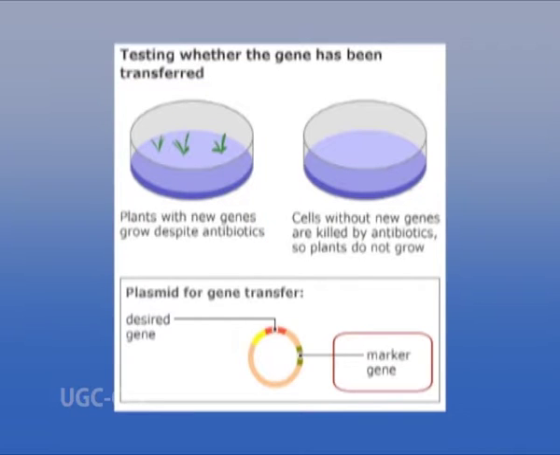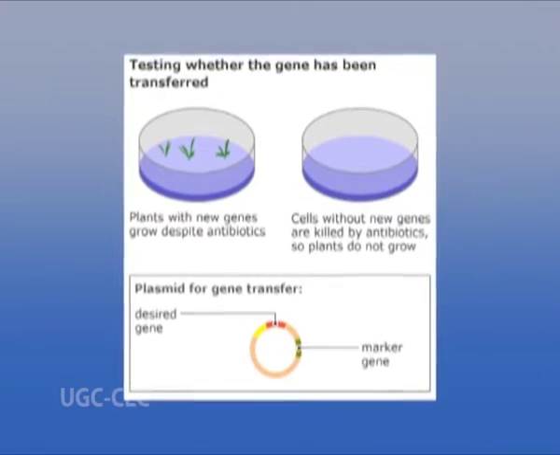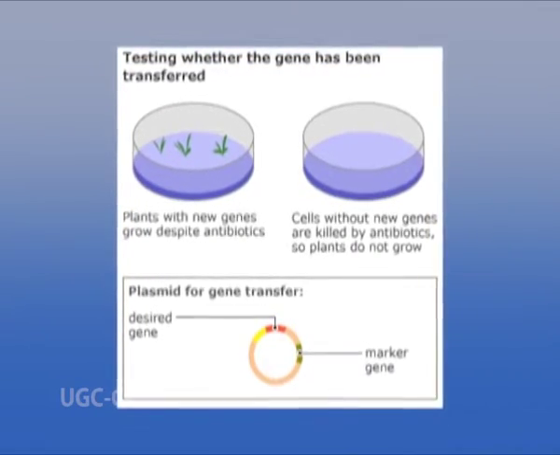Such agents are called selection marker genes, which are introduced along with the gene of interest into the plant cells for effective screening. The marker genes are dominant and usually of bacterial origin. For example, the genes coding for antibiotic resistance are most commonly used.